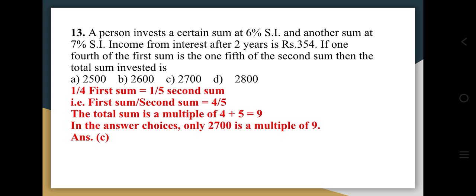If 1/4 of the first sum is 1/5 of the second sum, then the total sum invested is. So in this problem, the total sum invested is not given. We have to find the total sum invested. So we cannot do this problem as the previous two problems.